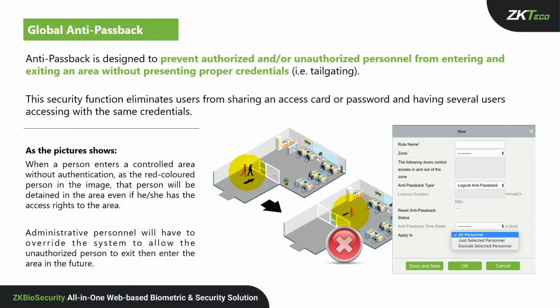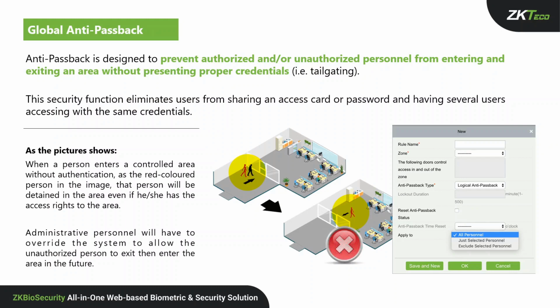For example, you have 10 or 5 controllers or devices. You can enter at device 1 and exit at device 5, and that is okay. That is global anti-passback. If it is a controller, you enter at door 1 of controller 1 and exit at controller 5, you can do that too.